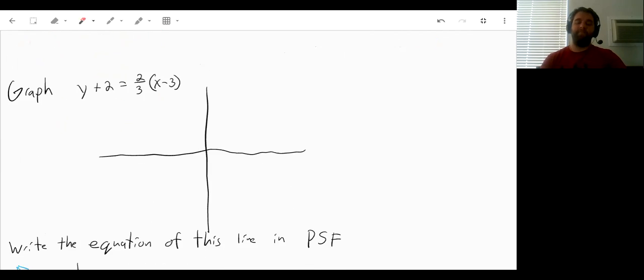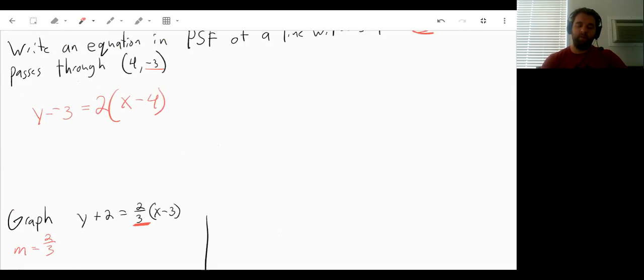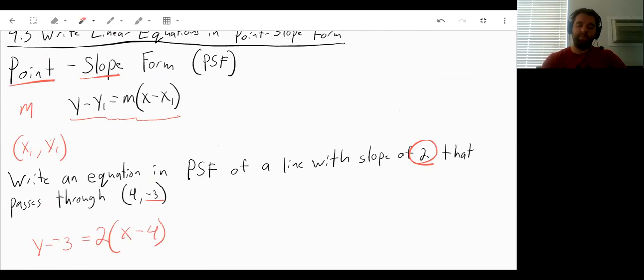Now, if we need to graph an equation in point-slope form, well, remember, you still know your slope is what's multiplied by the parentheses, so in this case, 2/3. And then your coordinate is x, oh, let me scroll back for a second. It's x minus x-coordinate and y minus your y-coordinate.